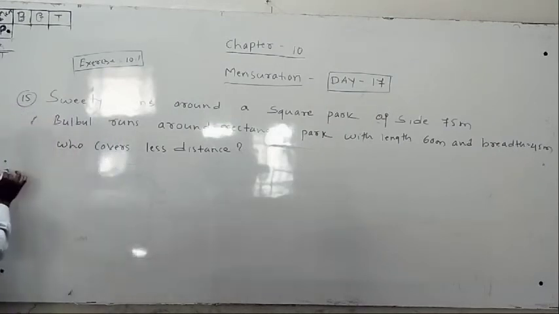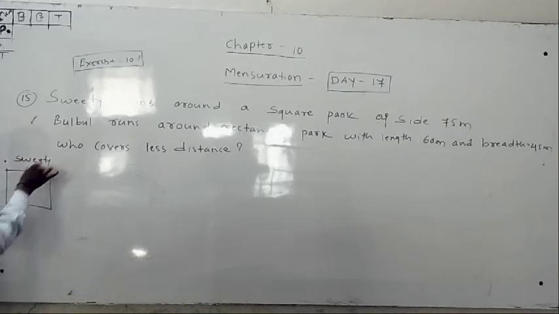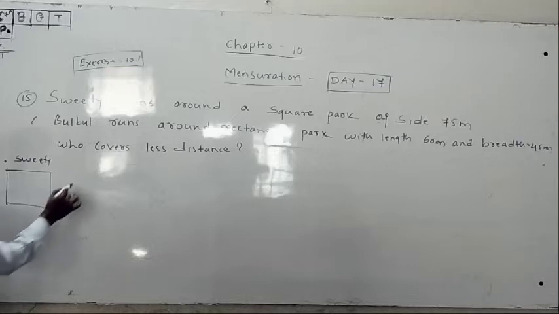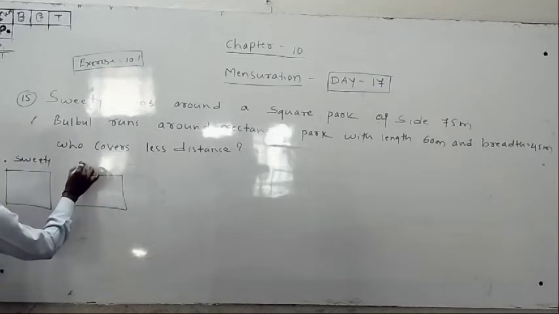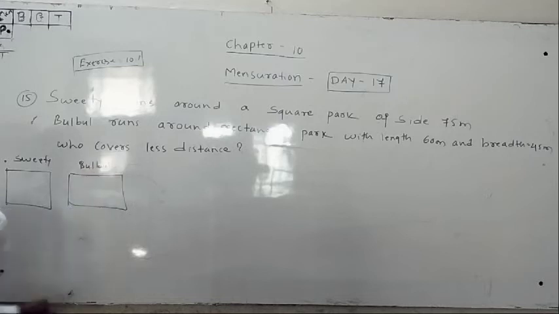This is a square park, Sweetie runs, and this is a rectangle park, Bulbul runs. Okay, and the square park's length is given there. What is the length? 75 meter.